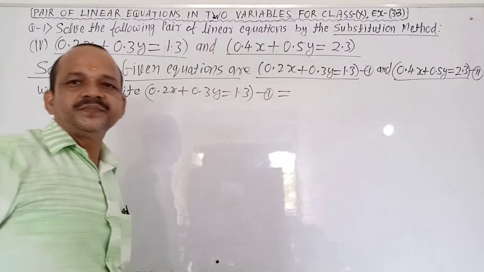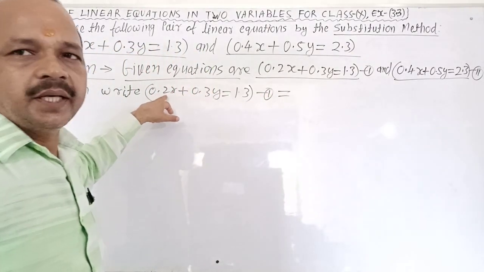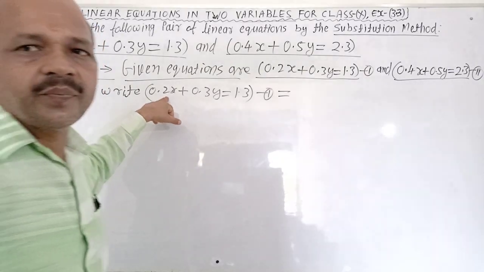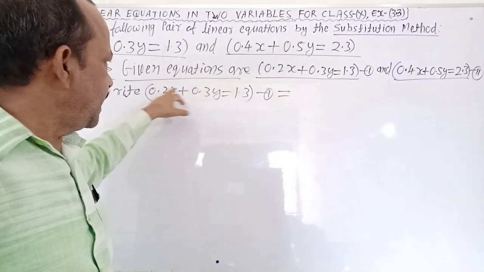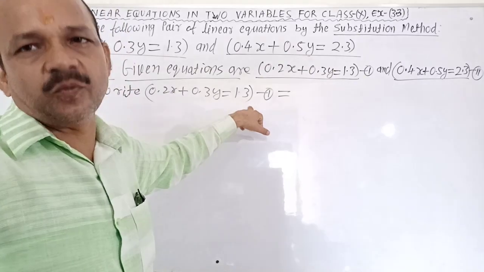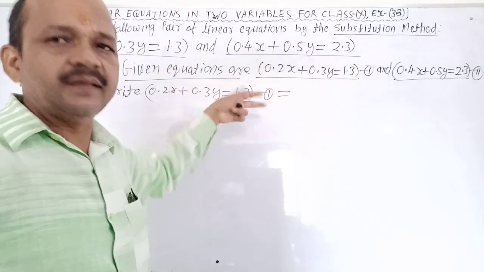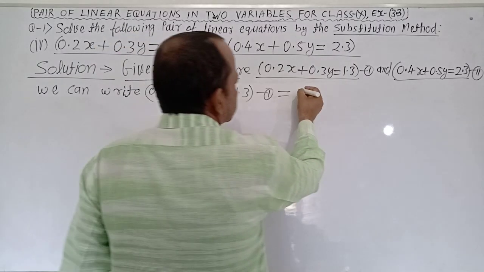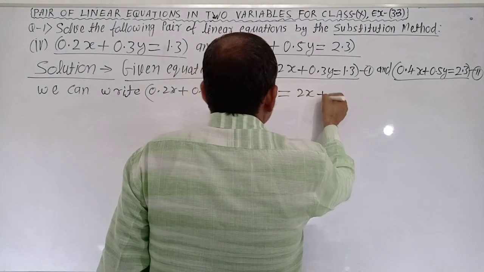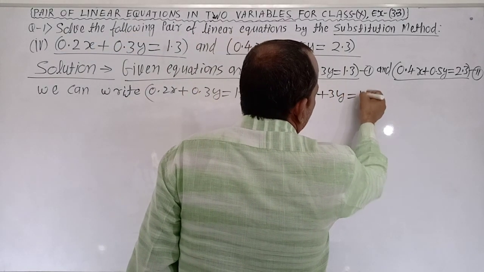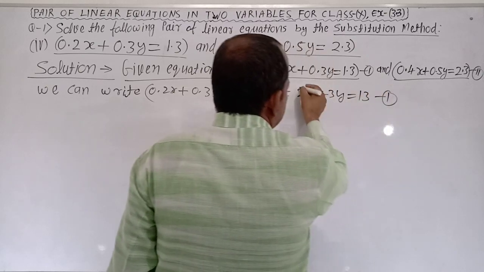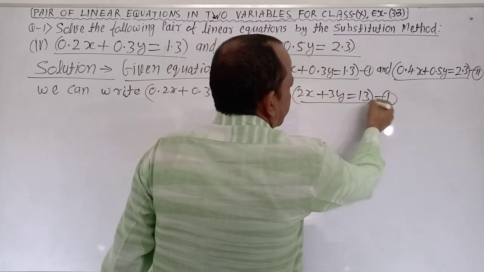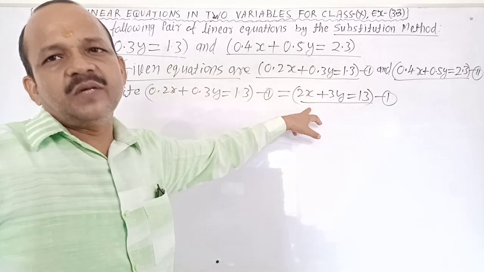Here decimal is at one place, here at one place, and here at one place. So you can cut the decimal on both sides. Clear? It becomes 2x plus 3y equal to 13. It is equation first.